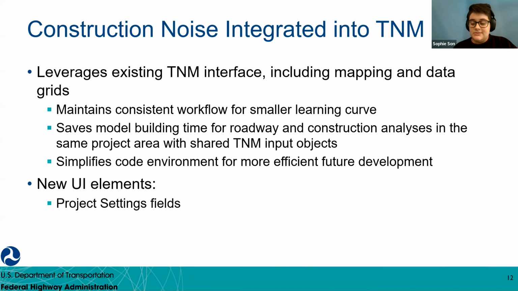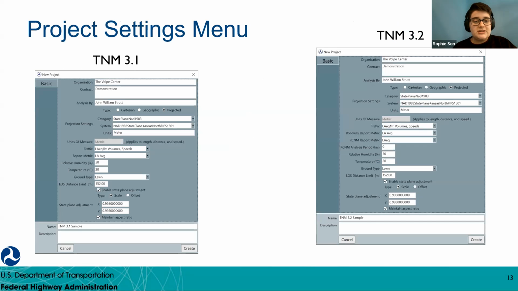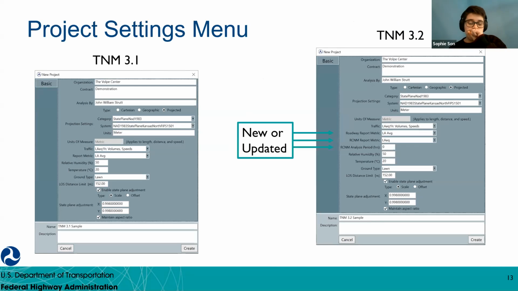Now, getting into the user interface changes, starting with the project settings. When you create a project in TNM 3.1, that is what the menu looks like on the left. And on the right, you'll see what it looks like for 3.2, with these new or updated fields here. The two new fields are the RCNM report metric, where you can choose either LAEQ or LA max.